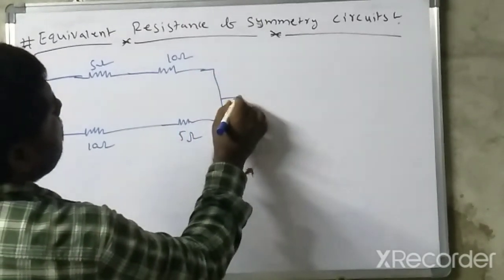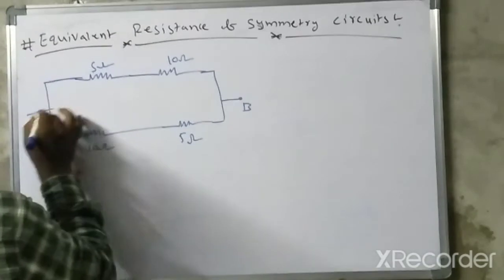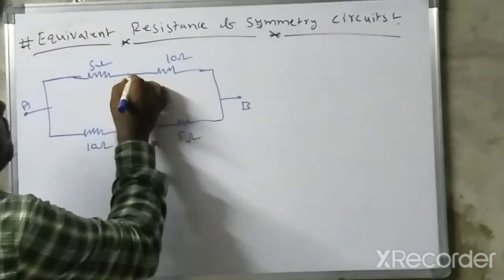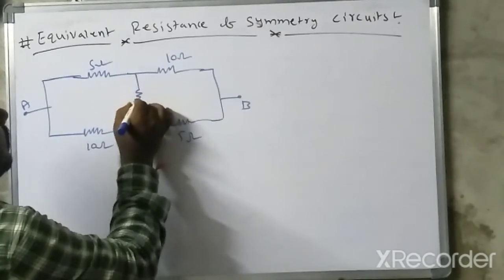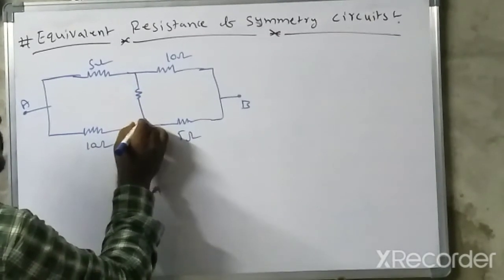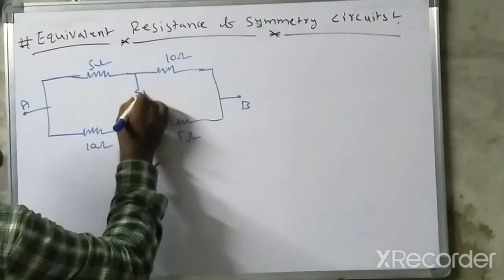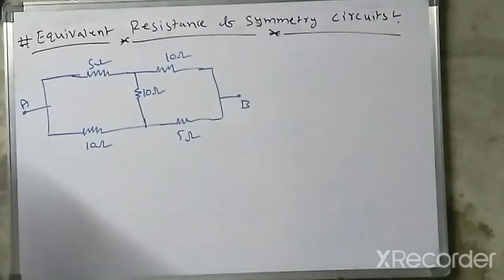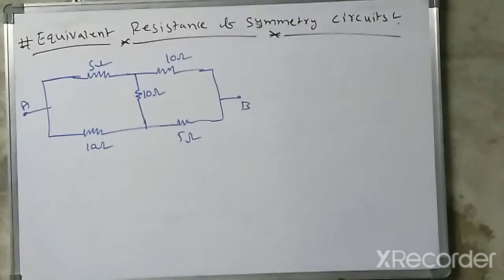Here is connecting point B, here connecting point A, and in the middle there is one more resistor connected like this. Here the 10 ohm resistor.